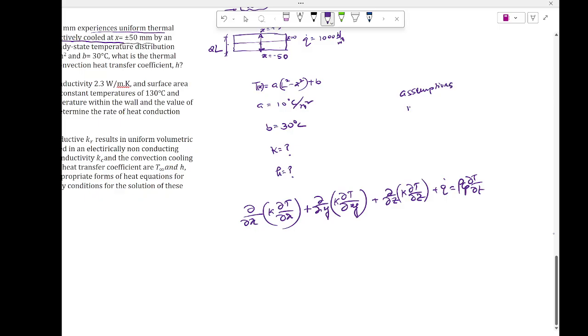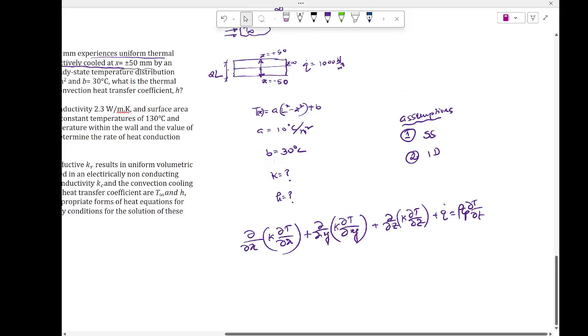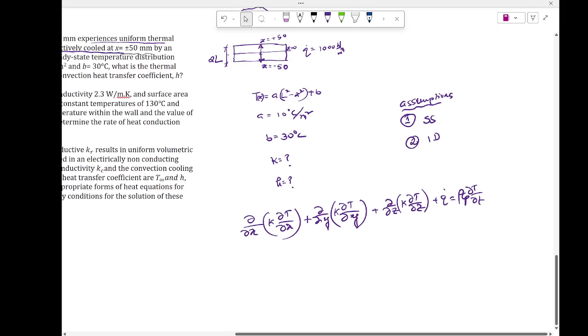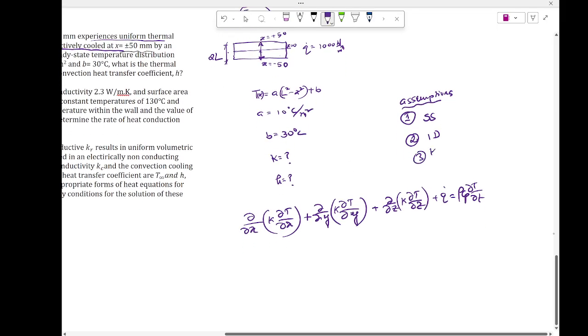Is steady state one assumption? What else? 1D, right? It's just 1D, the x direction. They didn't say any other direction. And constant property, K is constant. So this takes out all these parameters and I'm left with only this.